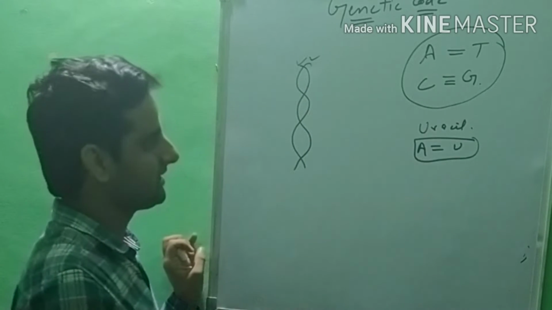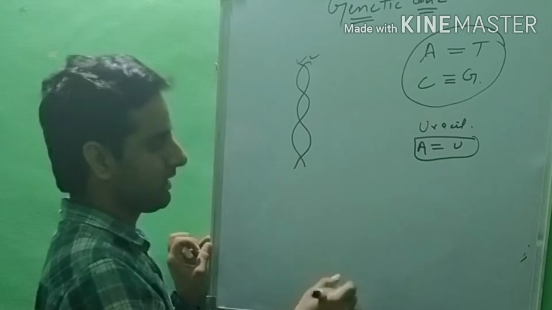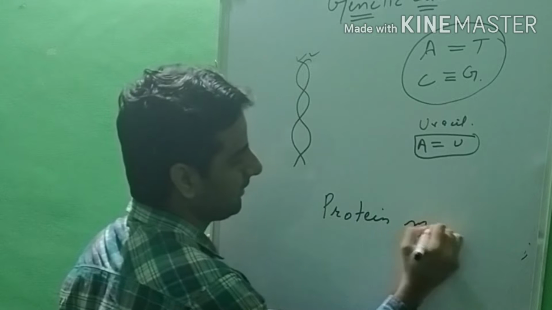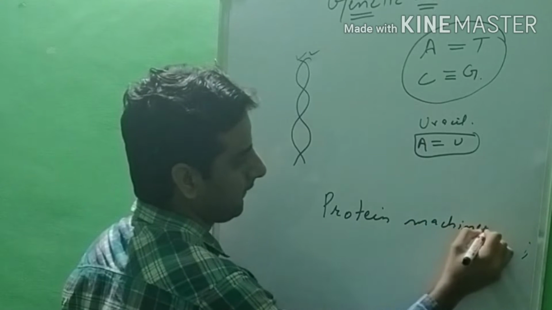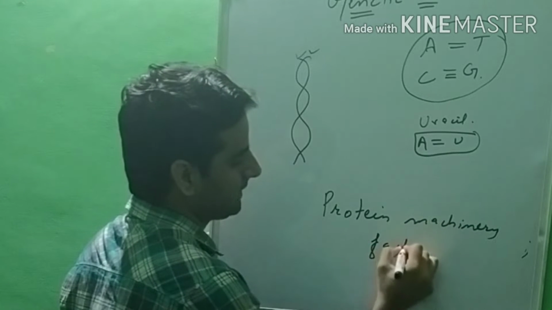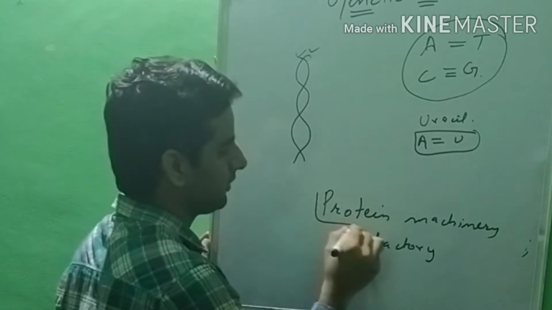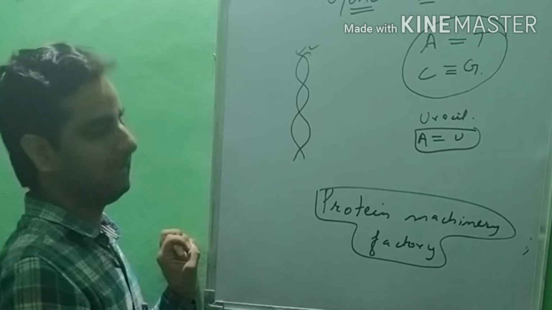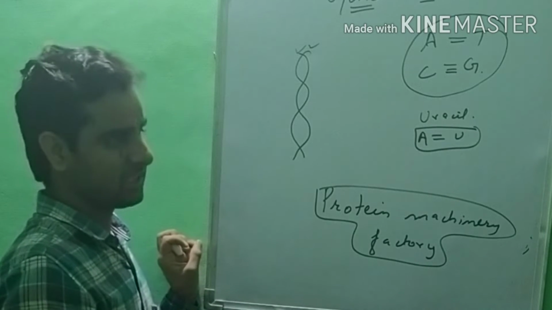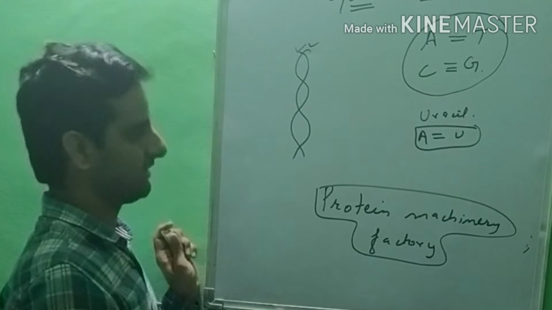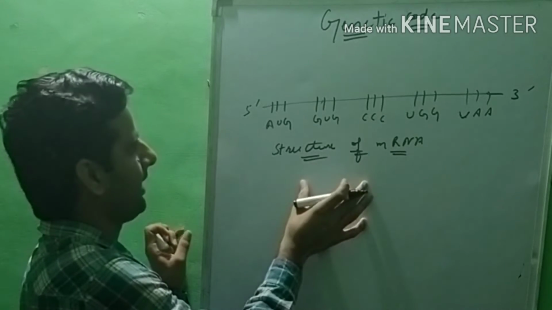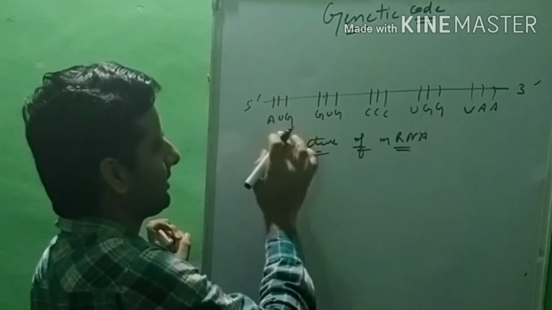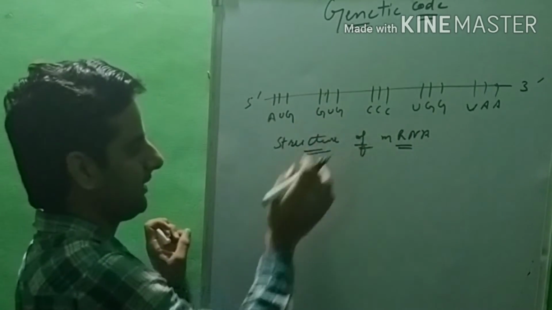This information is then passed on towards the protein machinery factory in the form of mRNA, and then the process of translation or protein synthesis takes place. This is the structure of the mRNA, and it proceeds from 5' to 3' end. On the mRNA the sequence of bases is present, and these bases contain the information.